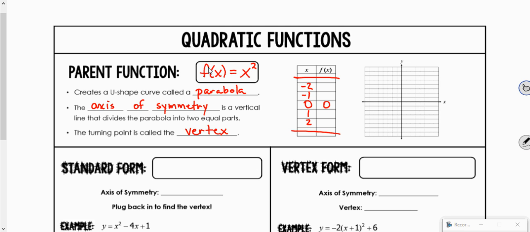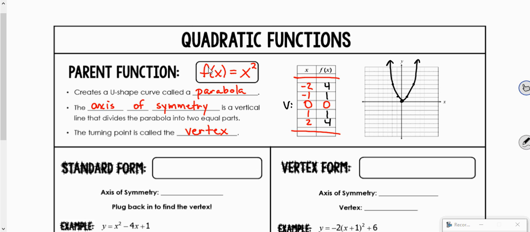First of all, 0, 0 is my starting point, my vertex. If I plug in a -1, -1 squared is +1. -2 squared is +4. Same thing on the other side. So we get here and here, here and here. If I plugged in 3, I'd get 9, and so on and so forth.